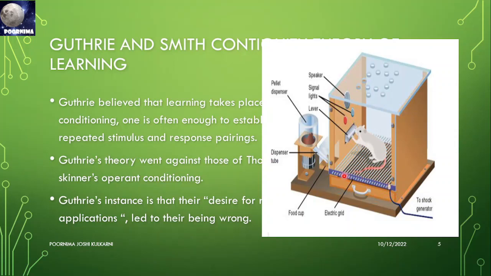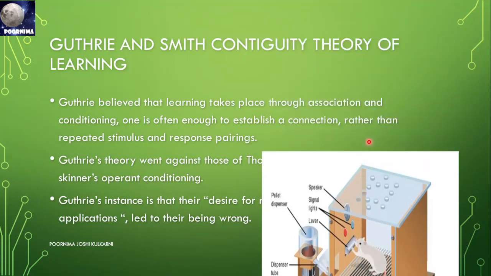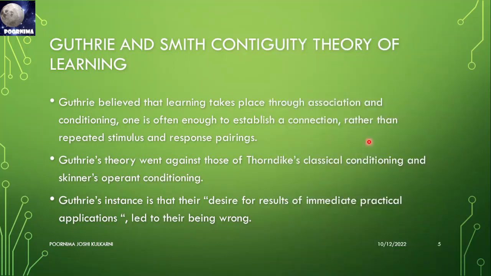If it tries to escape, if it puts its leg on this electric shock generator, an electric shock will be given to the rat. This is B.F. Skinner's operant conditioning box, or operant chamber, as it is called. But Guthrie's stance is that their desire for immediate practical applications led to their being wrong, he said.